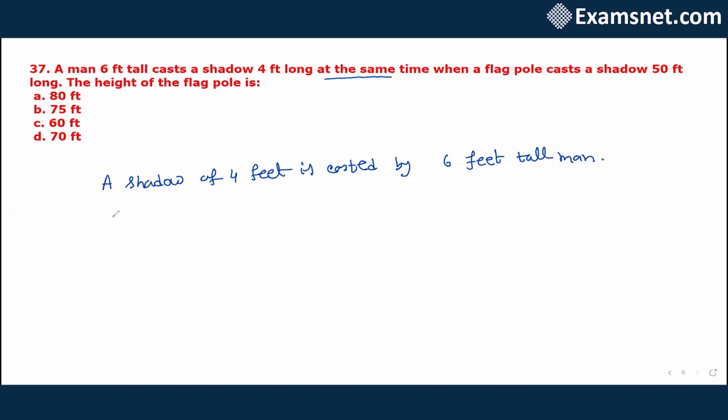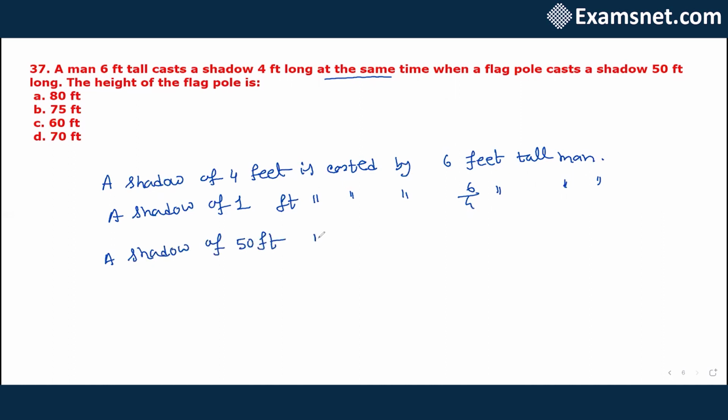Next, a shadow of 1 foot is cast by 6 by 4 feet tall man. Next, a shadow of 50 feet is cast by 6 by 4 multiplied by 50.